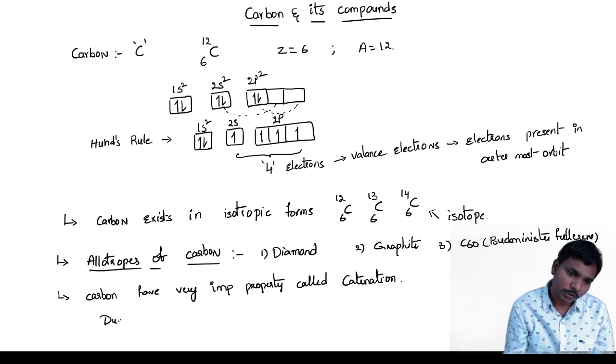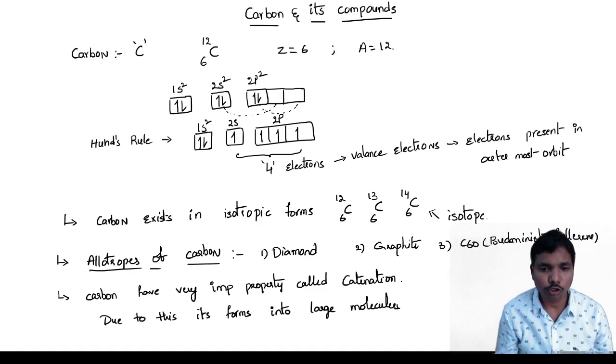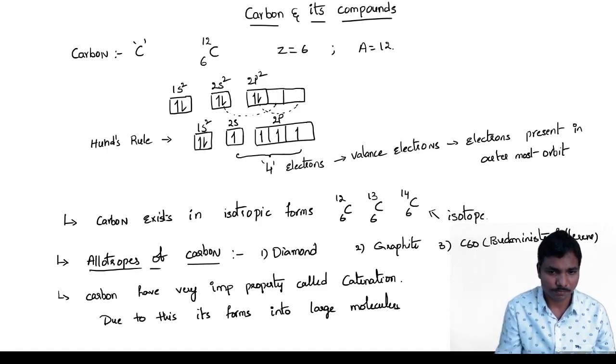Due to this, it forms large molecules. Let us take the first allotrope of carbon, diamond.